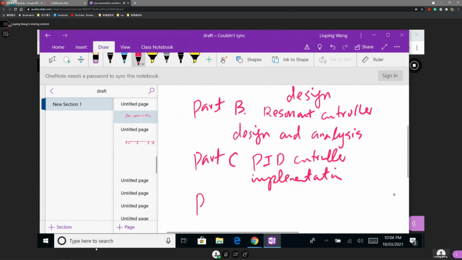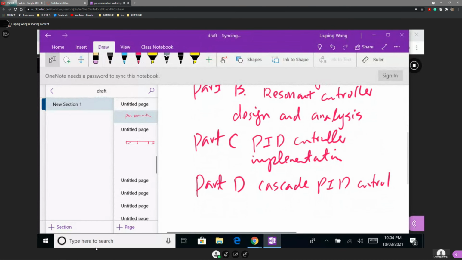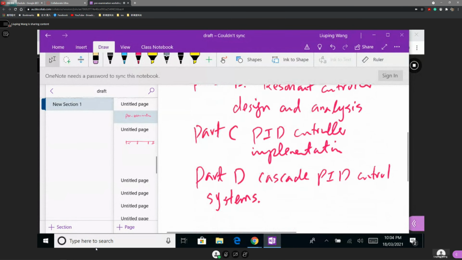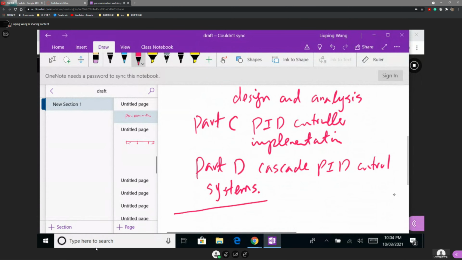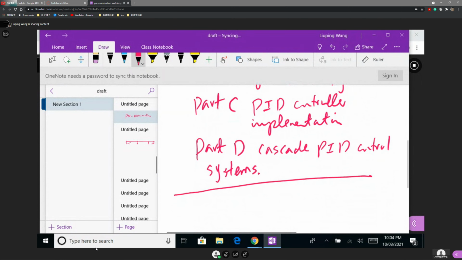And the final bit, I'm going to do cascaded PID control systems. Those are the 4 bits we're going to cover in the 12 hours.